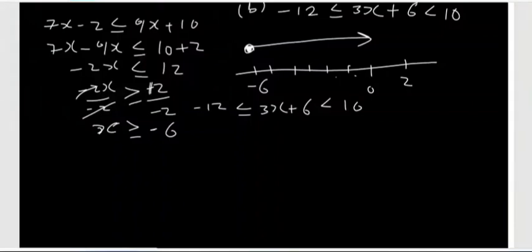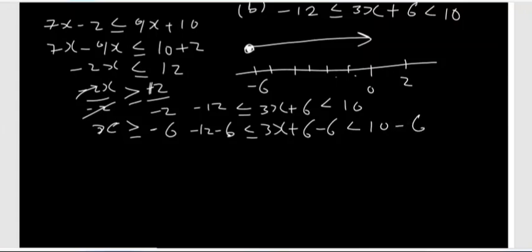So we have minus 12 minus 6 is less than or equal to 3x plus 6 minus 6, which is less than 10 minus 6.